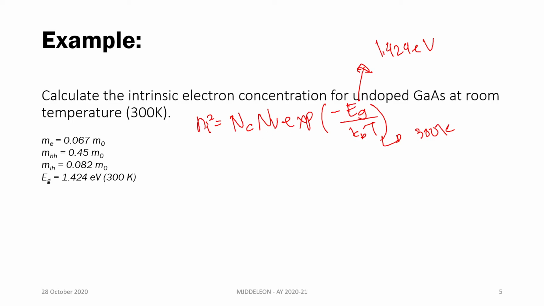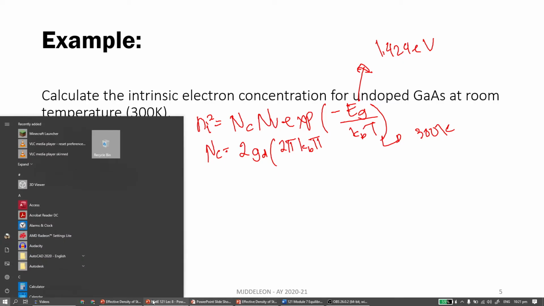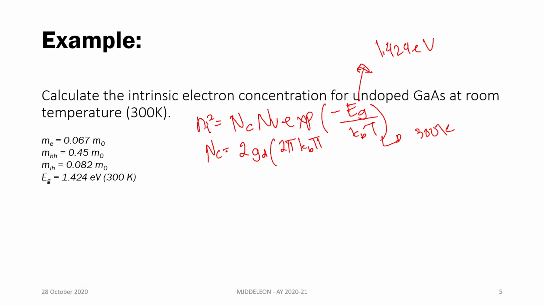Temperature is 300 Kelvin. kB is the Boltzmann constant. Our Nc is equal to 2 gD times (2 pi me kBT over h squared) raised to 3 halves.